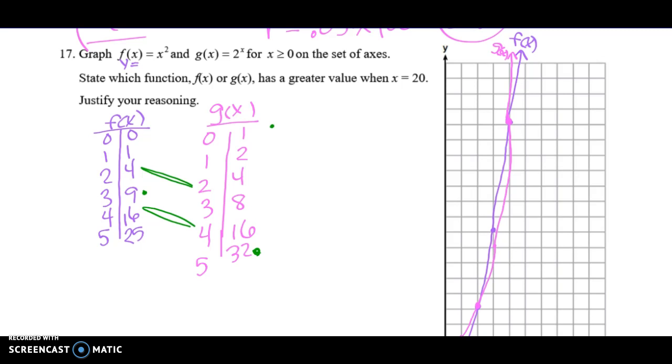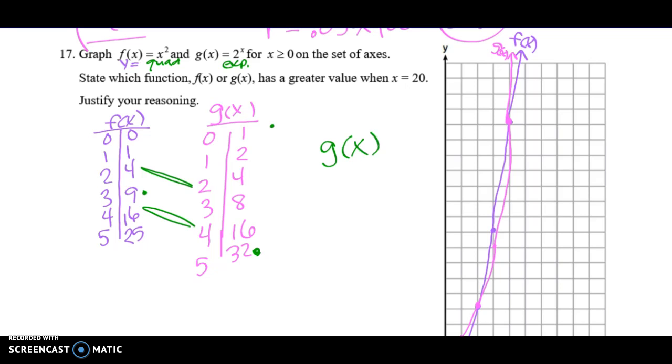But also looking at the difference, this is a quadratic function, and this is an exponential. If you are comparing an exponential function with any other type of function, eventually the exponential function will be greater. So g of x is going to have a greater value when x equals 20.